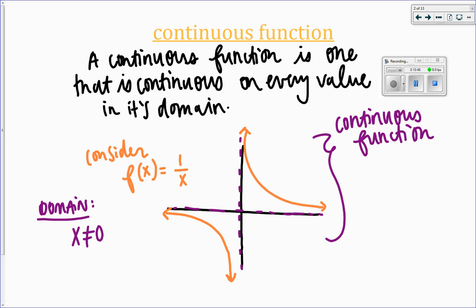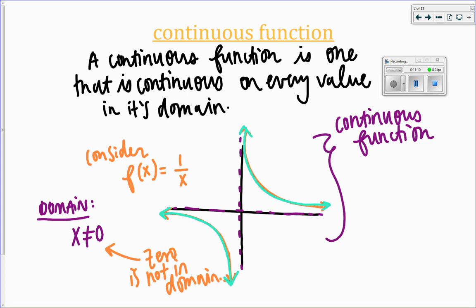Why? Because, excuse me, 0 is not in the domain. So if I look at this left side, all the negative values, is this curve continuous? Yes. If I look at the right side, all these positive values, is that piece continuous? Yes.